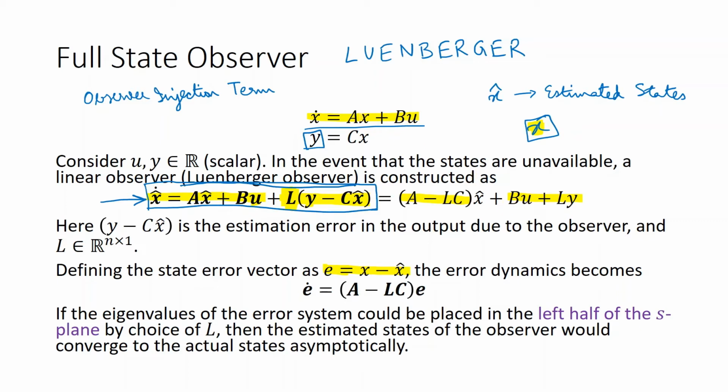You will get Ax minus A x hat, so A times (x minus x hat), and another term: Ly is LCx, minus LC x hat. So again LC times e. Ultimately you will get (A minus LC) e.